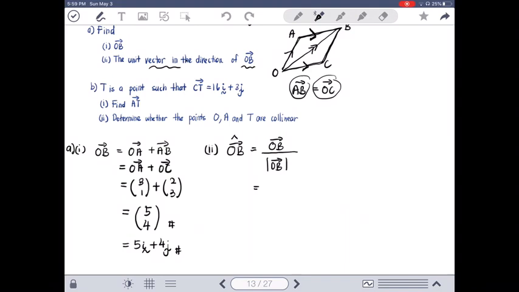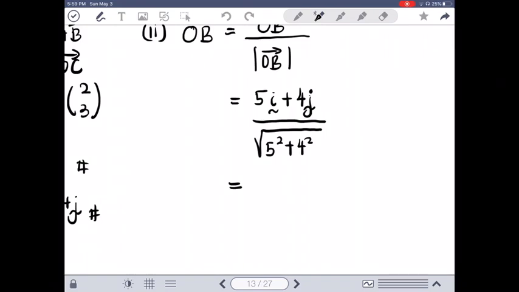So the vector itself is 5i plus 4j divided by the magnitude, 5 squared plus 4 squared, which is the square root of 41.